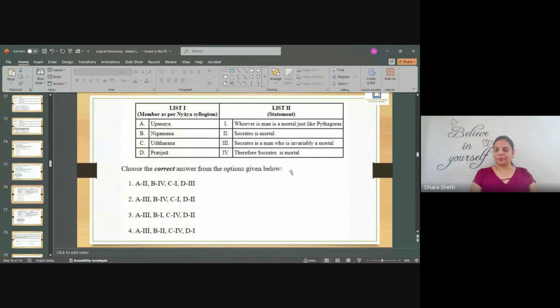This could be the application or Upanay. Therefore, Socrates is mortal is definitely the conclusion. That is the Nigaman. So what I'm sure about is, when we see therefore, it has to be conclusion. Where we see an example, it has to be Udaharan.